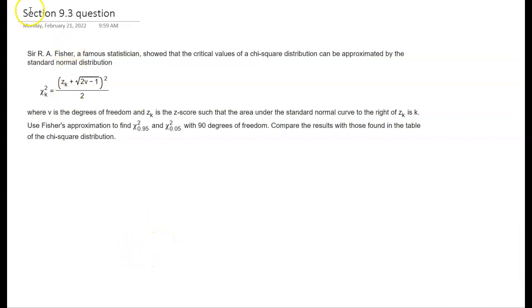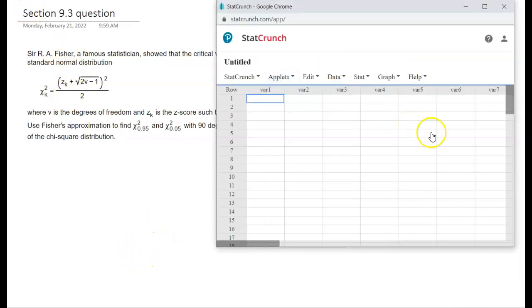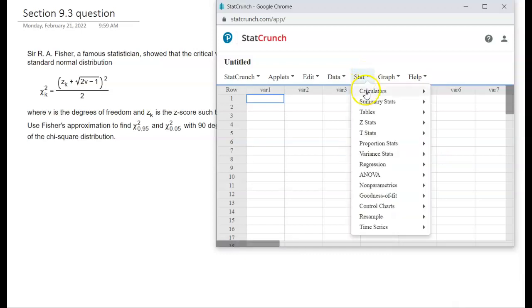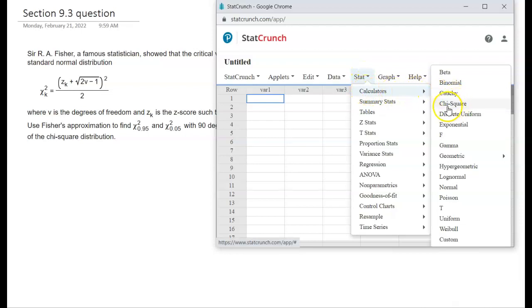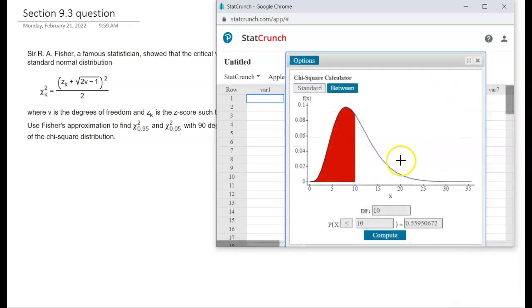So let's open up StatCrunch. Here's StatCrunch opened, and to get to the chi-square distribution calculator, we go to calculators and we select chi-squared. It's spelled chi, but we say chi-square. So we click on that. Now, degrees of freedom is abbreviated as DF.